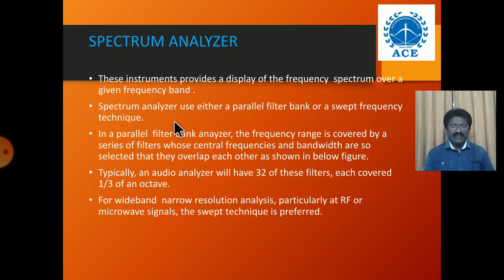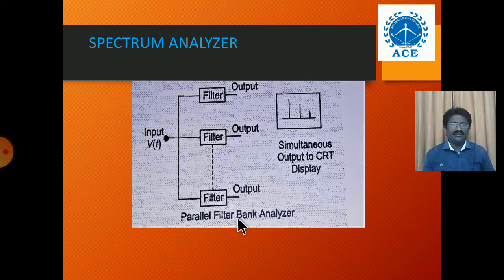So in a parallel filter bank analyzer, the frequency range is covered by a series of filters whose central frequencies and bandwidth are so selected that they overlap each other, as shown in the below figure. So actually this is the parallel filter bank analyzer.